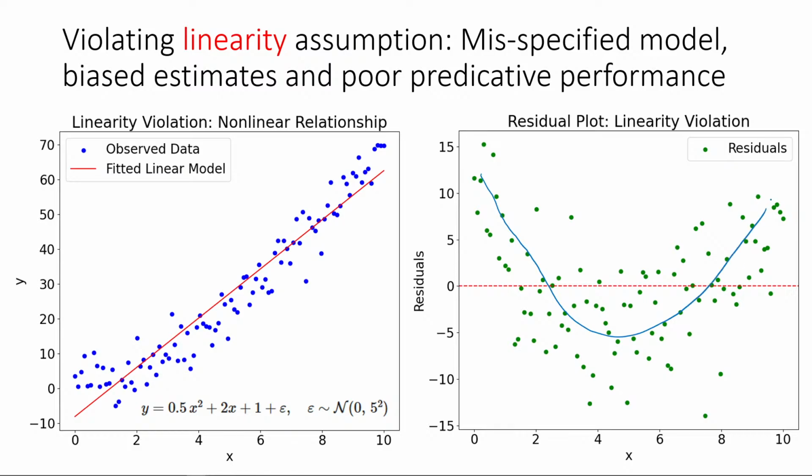That's how your errors look. This means that maybe a linear model was not the best model for fitting this data, or the underlying process for this data is not linear. And this is true, because I generated this data using a nonlinear equation with a huge variance. So when you plot the residuals, you see that your linearity assumption is violated, because the numbers are not random, there is a structure.